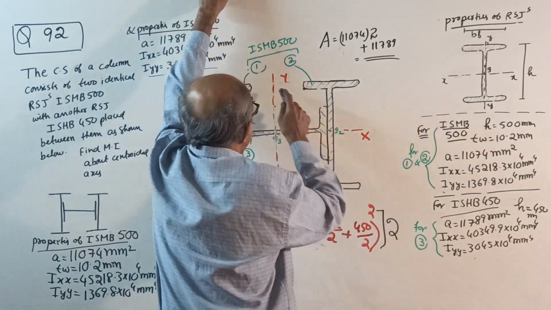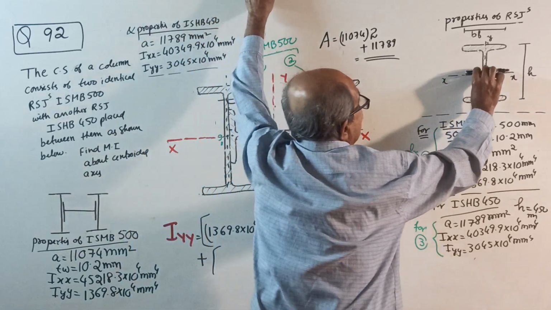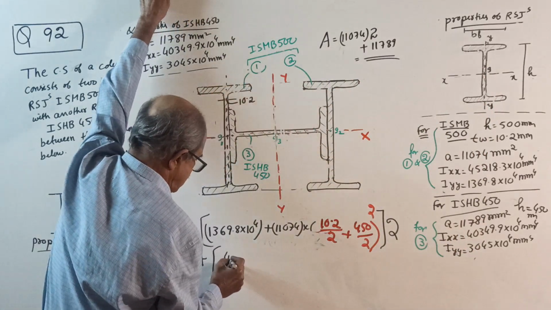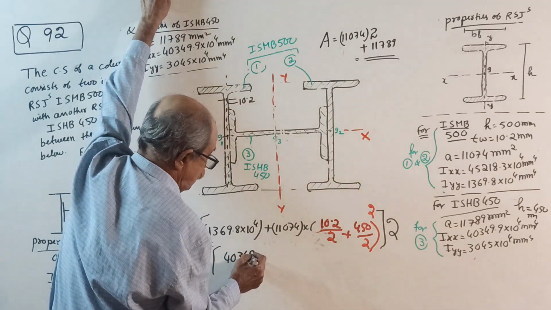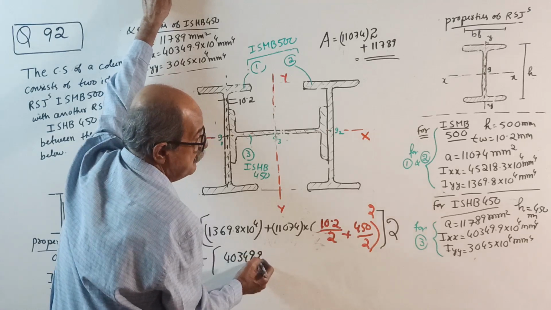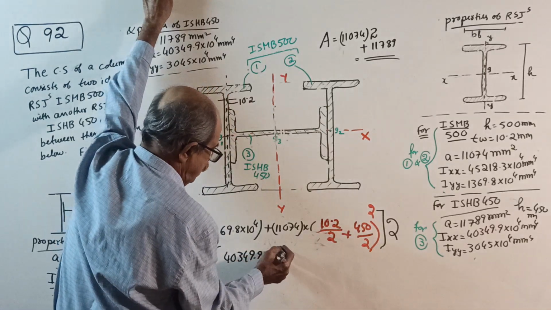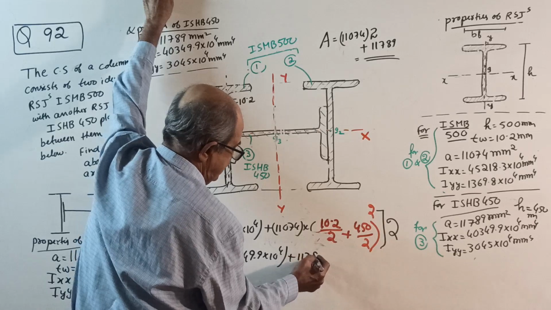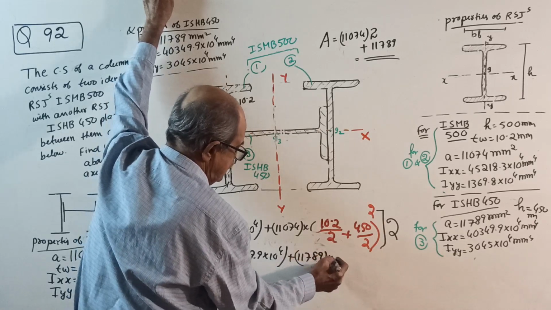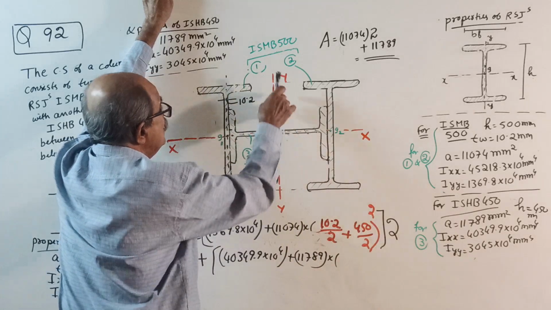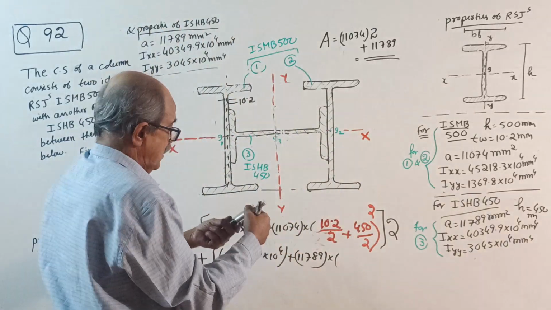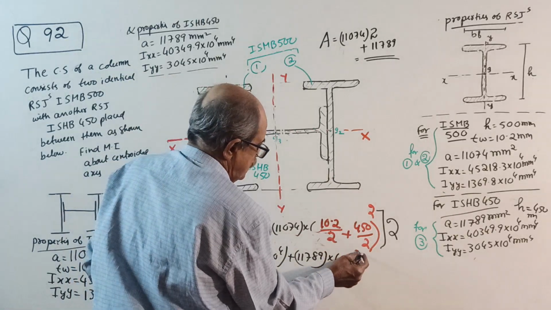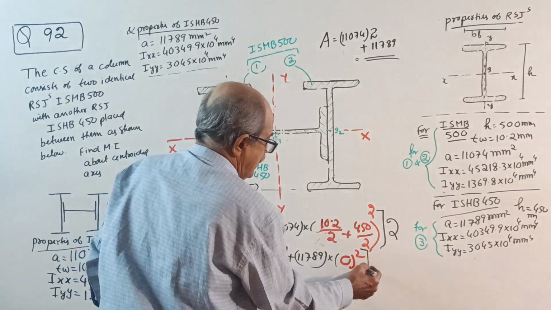So it is 4034.9 × 10^4 Ig, plus area, which is 11789, into the distance from centroid G3 to YY. G3 lies on YY, so into 0 square. Okay, over. Calculate IYY.